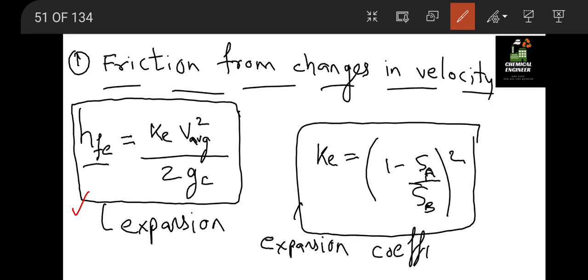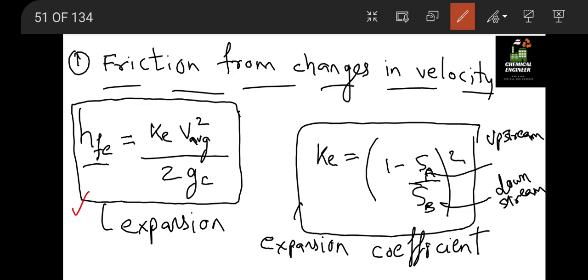This KE is given as (1 minus SA by SB) whole square, where SA is the upstream area and SB is the downstream area.